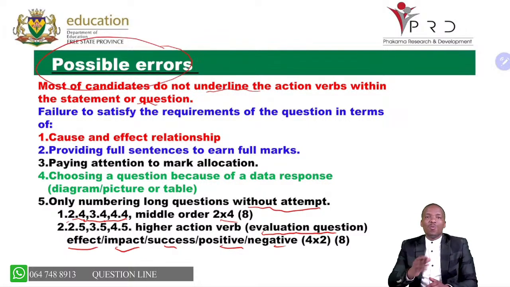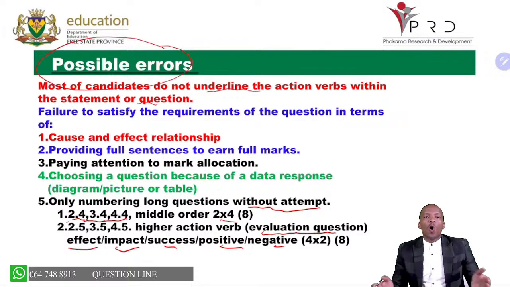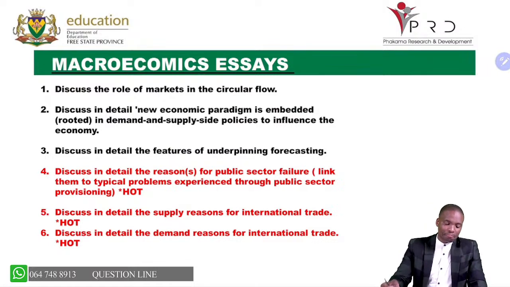You skip 2.4, I'll come back. 2.5, I'll come back. When we say time up, you submit, but the whole 16 marks is gone. Therefore, we're not going to get our 150 out of 150. So let's avoid these possible errors. Then I am telling you, we will be on the right track.